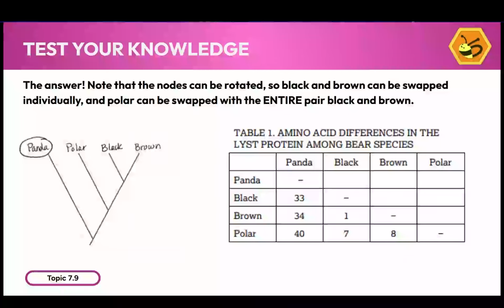You can swap any node, and again, a node is where things branch. So if you put down panda, polar, brown, black, that's also right. And if you put down panda, black, brown, and then polar, keeping in mind that you can rotate these nodes, then technically that'll also be right.